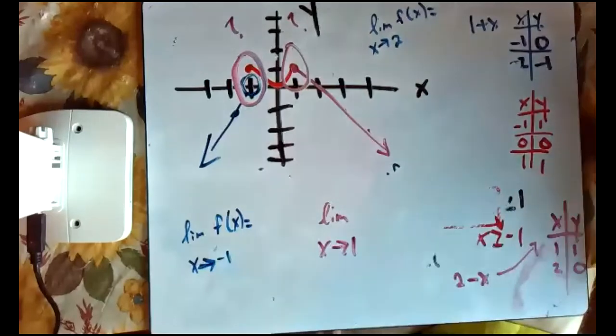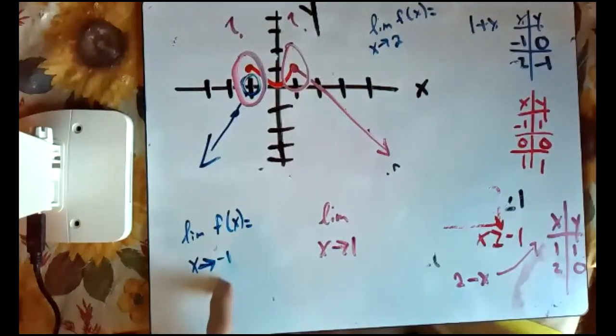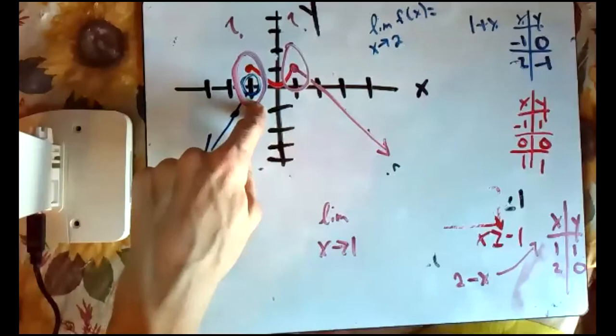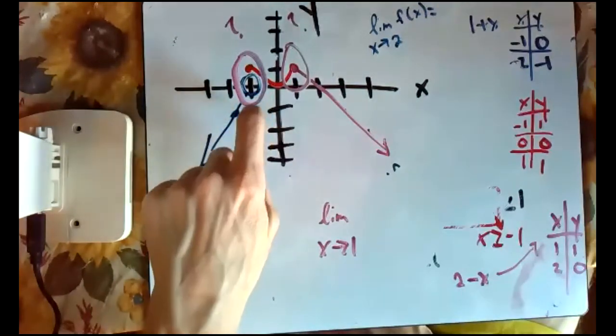So if we look at this first one, does the limit as x approaches -1 of f of x exist? Remember, in order for a limit to exist, what has to be true? It has to approach the same y value from both the left side of x and the right side. Is that happening right here?